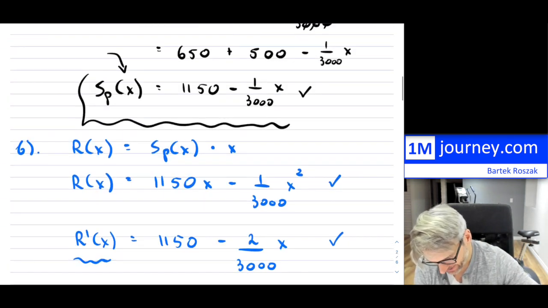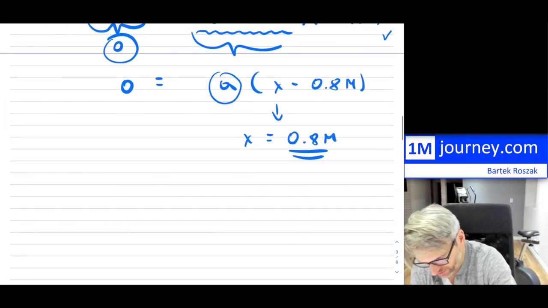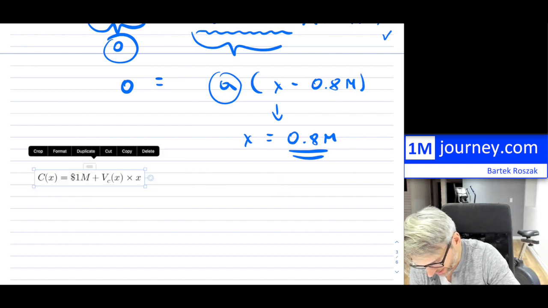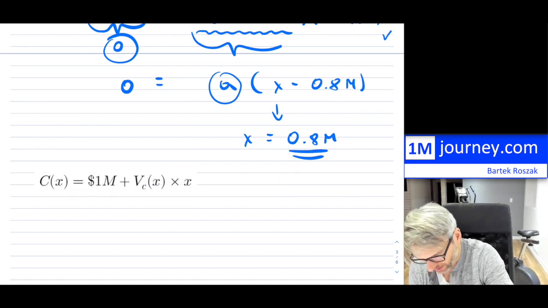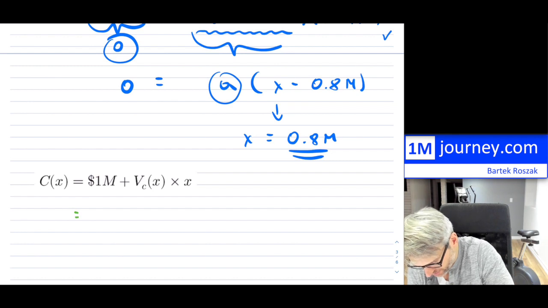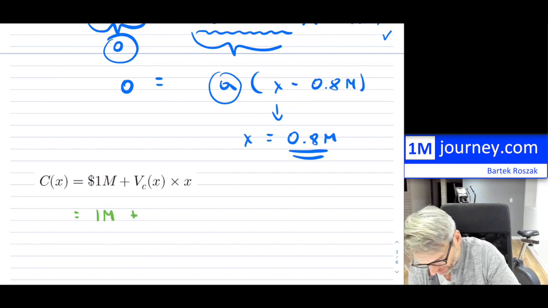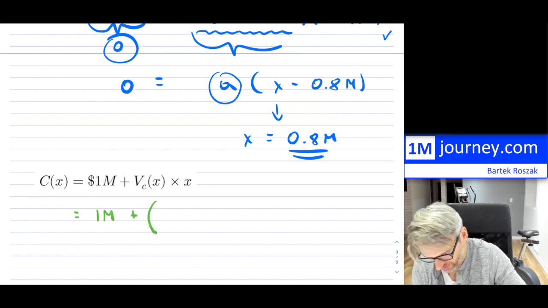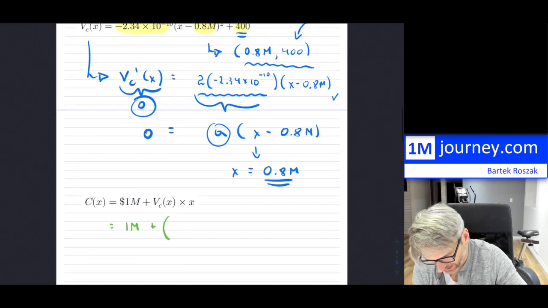So if I substitute this back in here, let me paste it. What is that total cost? Well, this is nothing else but just that 1 million plus the variable cost. So I would have to substitute that in.